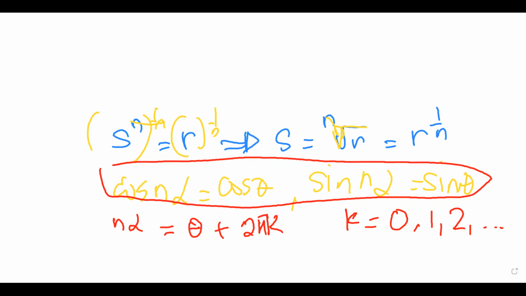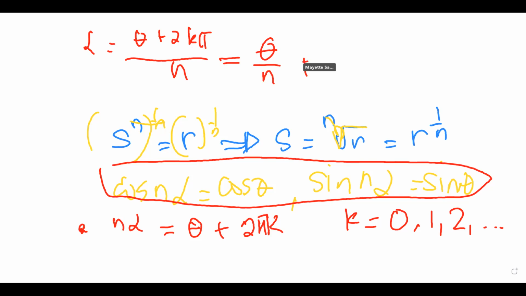So this leads to alpha is equal to theta plus 2k pi over n, or theta over n plus 2k pi over n, where k is equal to 0, 1, 2, 3, and so on.